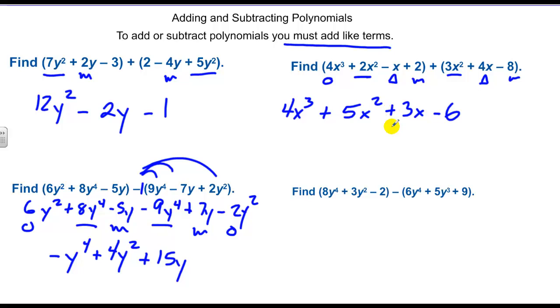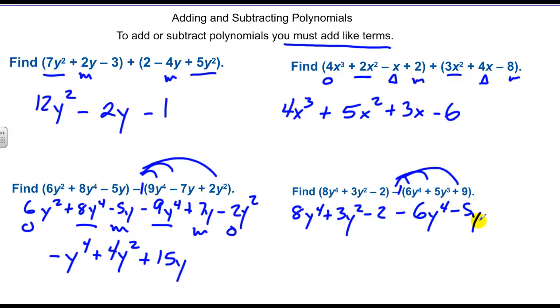Do the same thing for this term. I'll distribute my negative 1 through. So I have 8y to the fourth plus 3y squared minus 2 minus 6y to the fourth minus 5y cubed minus 9. Match the fourth powers. We have 2y to the fourth.